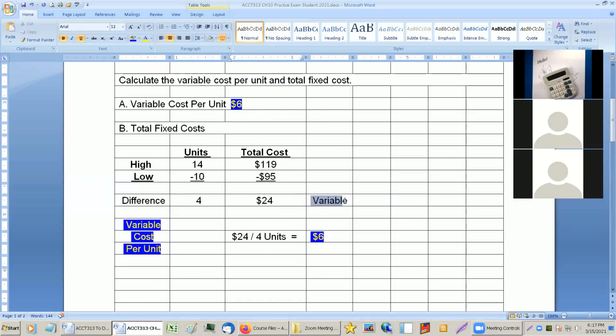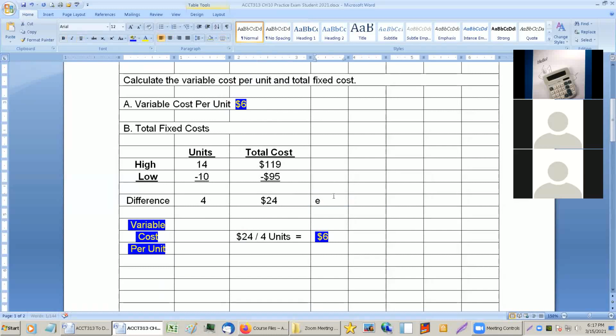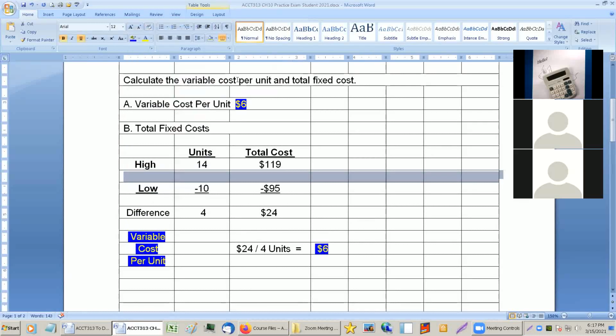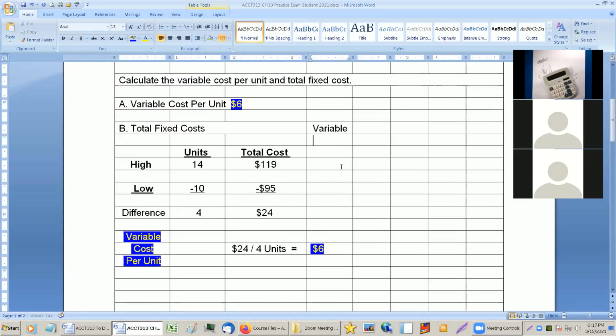Okay, now let me get rid of this for now. Some of these costs here are going to be variable and some are going to be fixed. I just can't keep them separated. We'll do the high first.